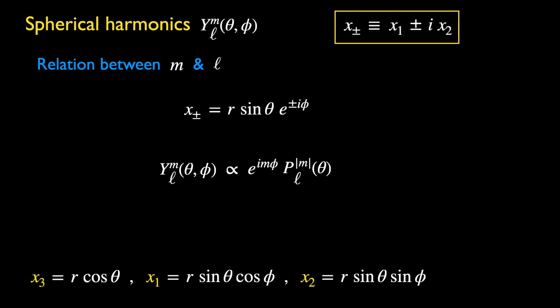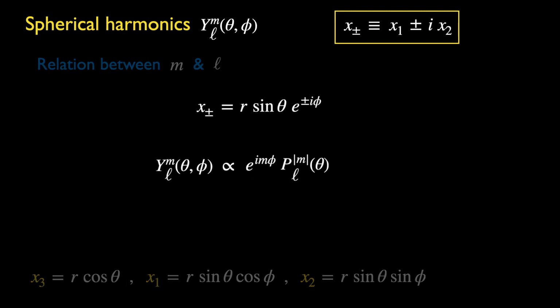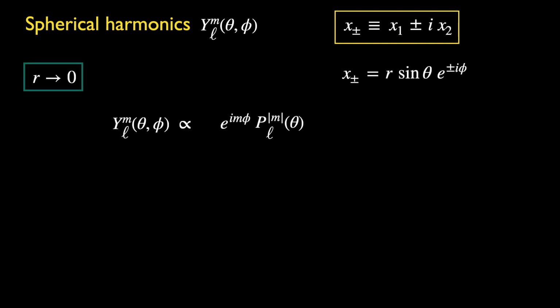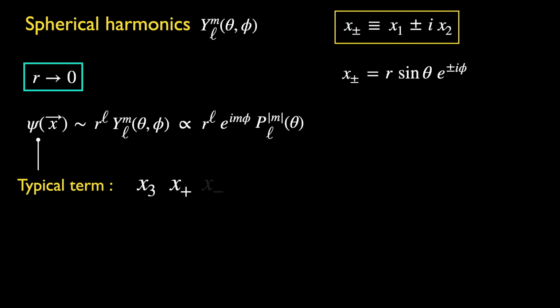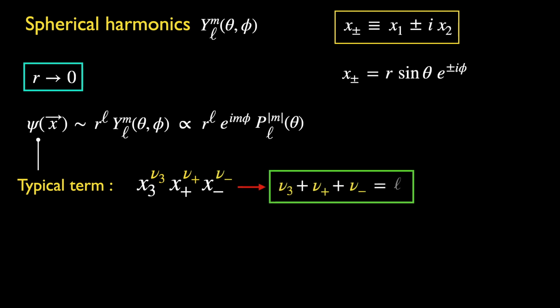Let's look at the full eigenfunction in the region where r approaches 0. A typical term in psi consists of the following powers of coordinates, where the powers sum to L. Each individual power is positive because they are part of a power series.